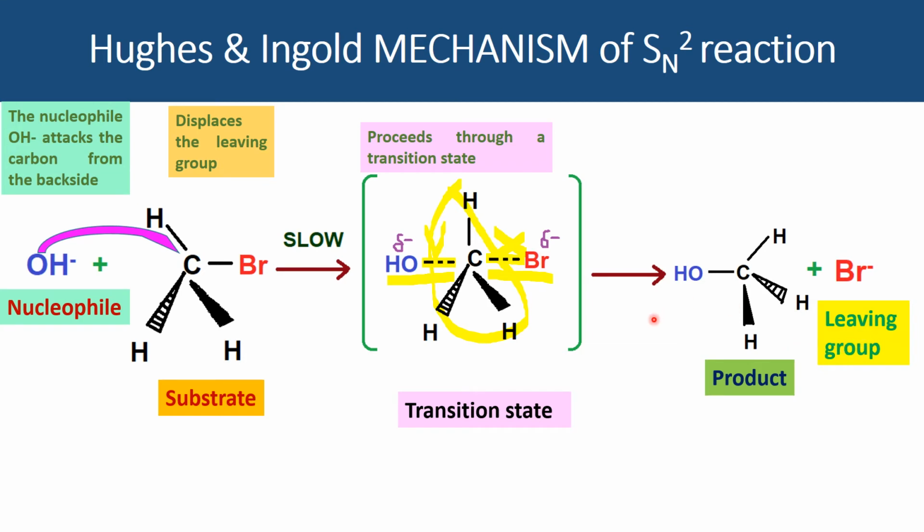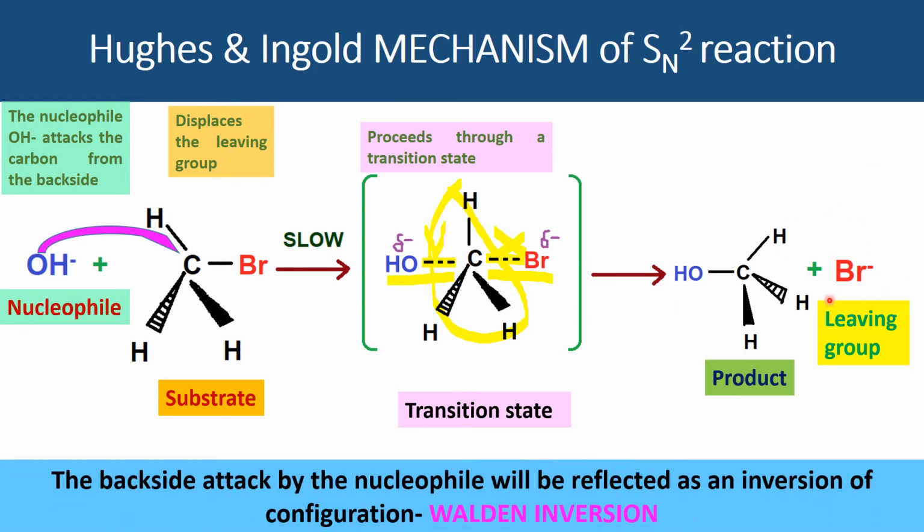In the Hughes-Ingold mechanism of SN2 reaction, the backside attack by the nucleophile will be reflected as an inversion of configuration. That is known as Walden inversion. So, in the reaction, the substrate configuration is inverted after forming the product. That inversion is known as Walden inversion.